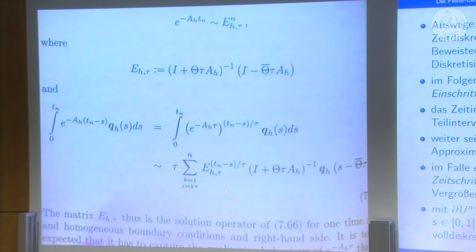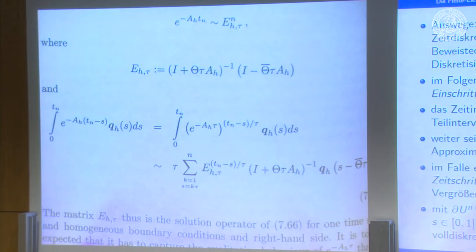We have the corresponding arguments in time, evaluated at the old time levels t. So what we apply is just the rectangle rule, I'm not sure what it's called in English.